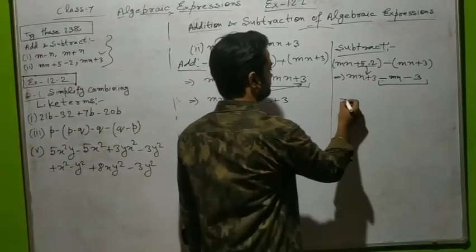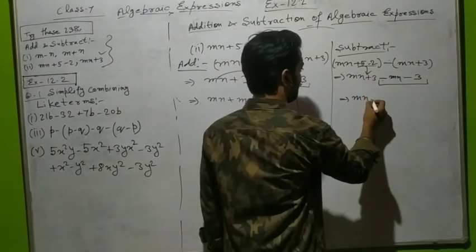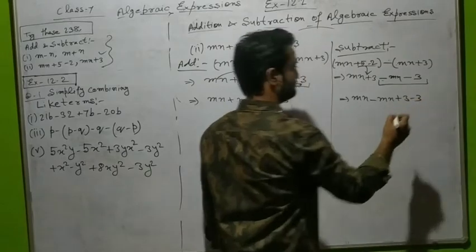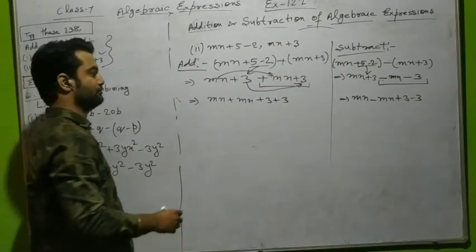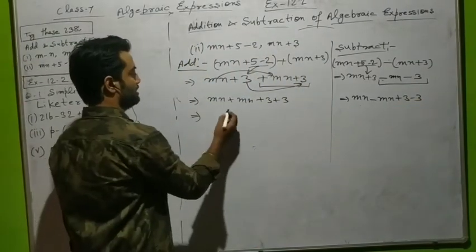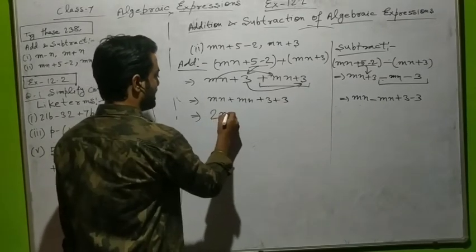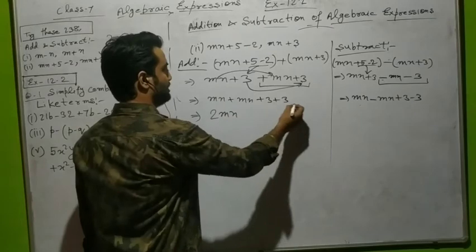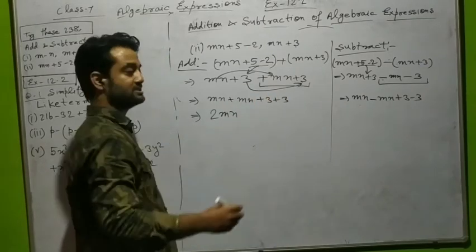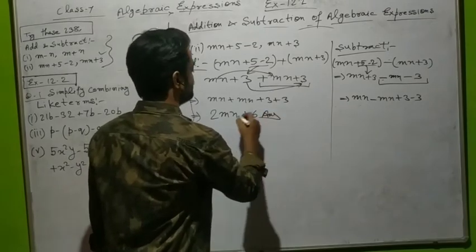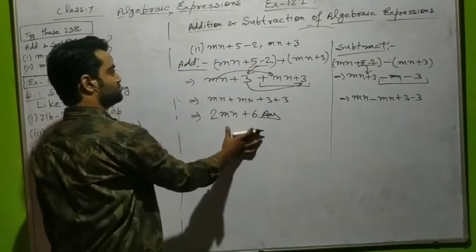Here also it will become mn minus mn plus 3 minus 3. So mn plus mn makes it 2mn, and plus 3 and plus 3 makes it plus 6. So this is the answer we get when we are adding these two expressions.